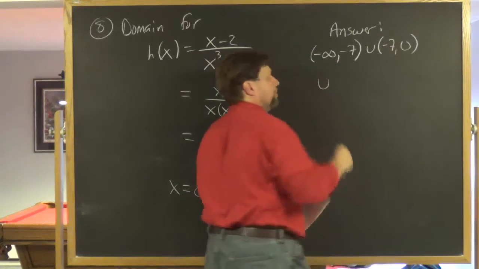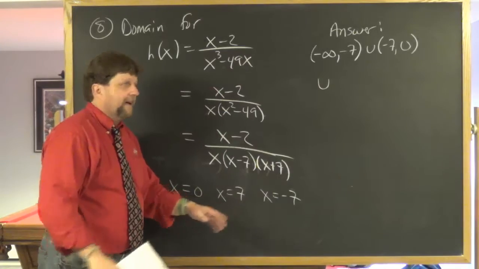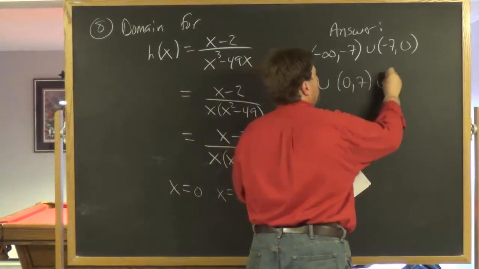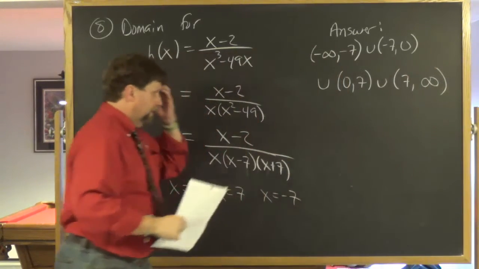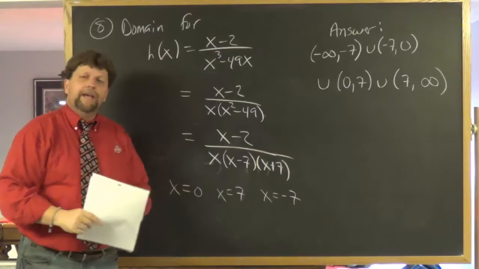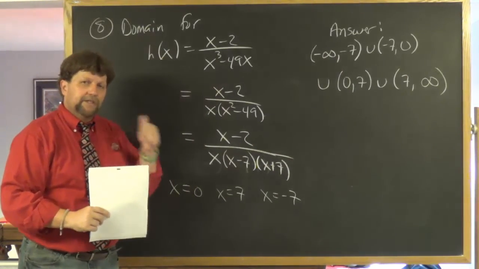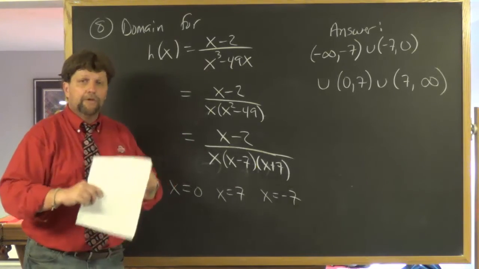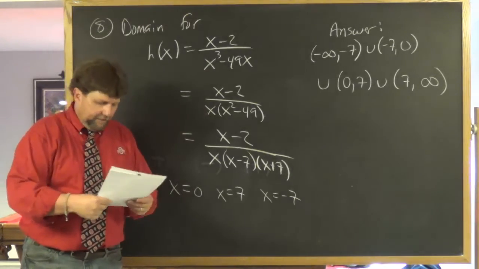Union with, I have to bring it down to another line, any number from 0 to 7. And then union with any number from 7 to infinity. So that would be it. That's the domain of this function. You're not allowed to put 0, 7, or negative 7 in here for x, because that would produce 0 in the denominator, and that's bad. So that's it for number 8.